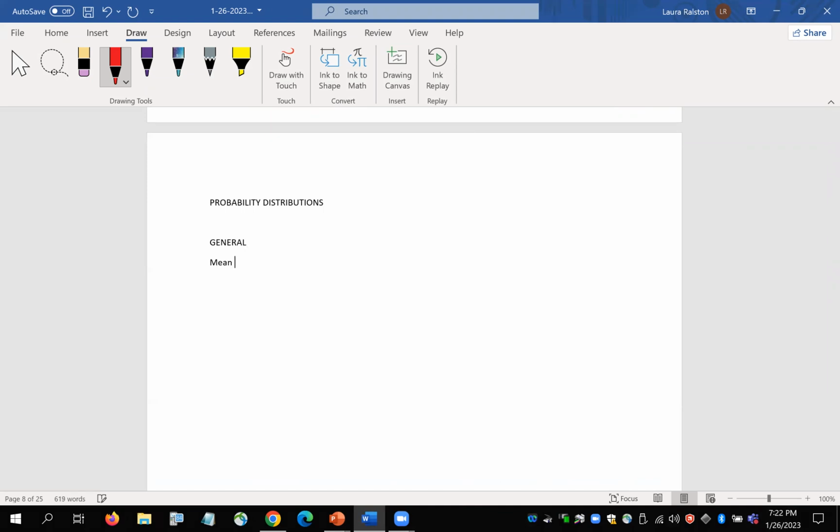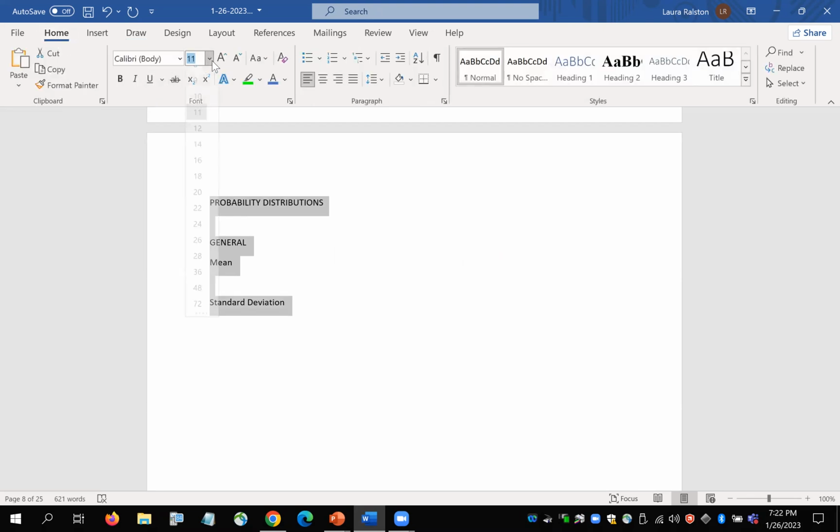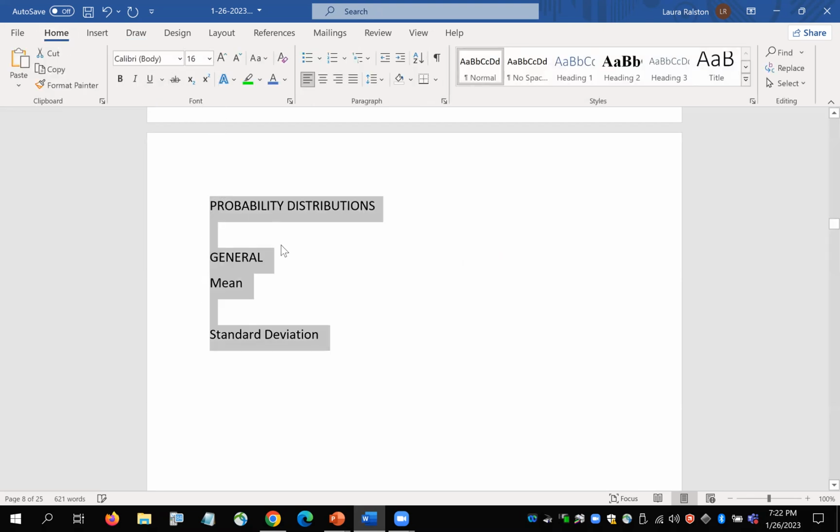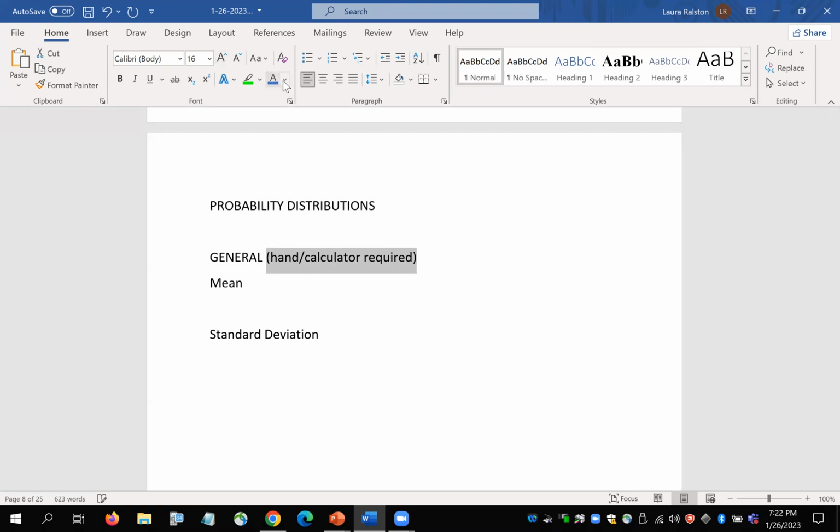And we're going to have a formula for the mean, and we're going to have a formula for the standard deviation. This is one of the few that Minitab is not going to do for you. You will have to do this yourself. So these are really hand calculator type questions.